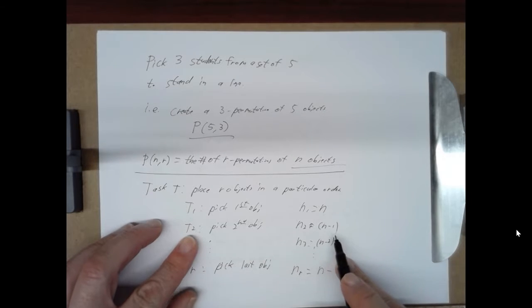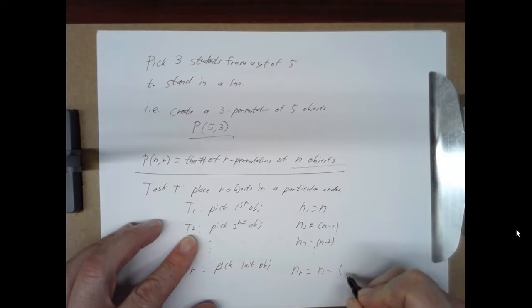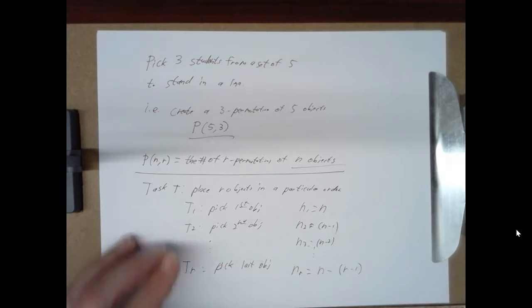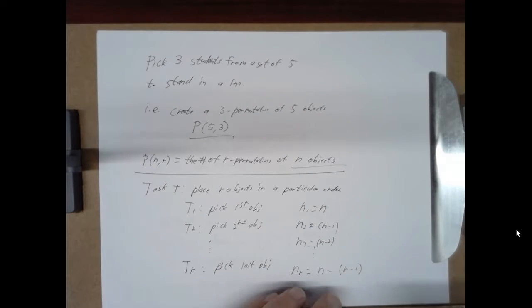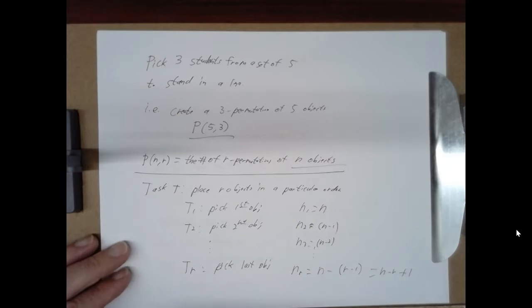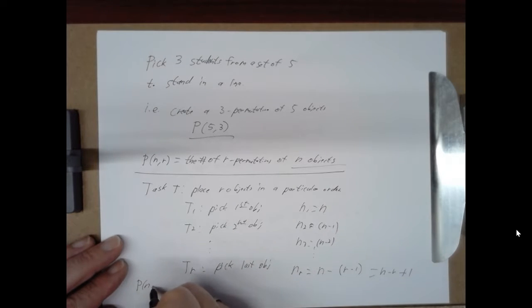Then our last number should be n minus 1. Right, so n minus, and it looks like it's going to be r minus 1, which is n minus r plus 1. So the total number of ways is just the product.